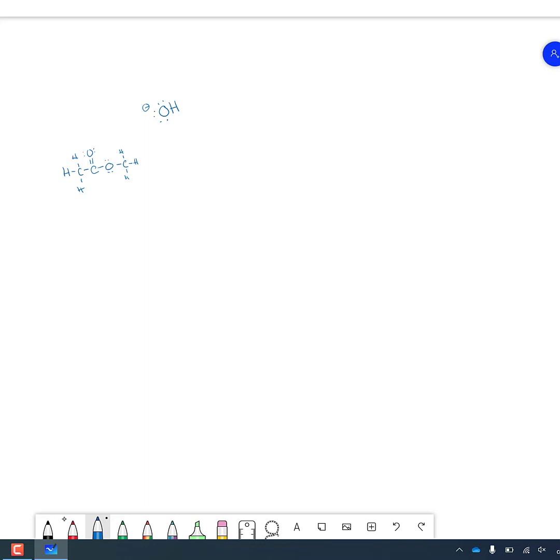And it is going to attack the partially positive dipole portion of our carbonyl, so that carbon. And that is going to force the electrons of one part of this double bond up onto the oxygen there. It will then form an intermediate that looks like this.